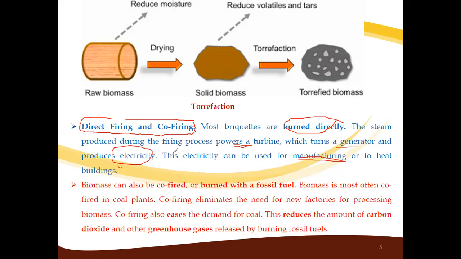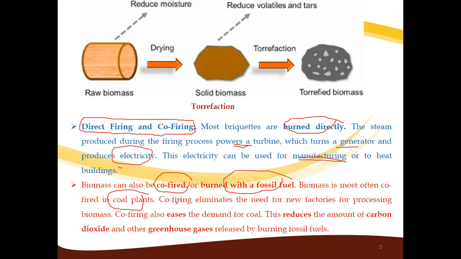Then the second method is co-firing. So biomass can also be co-fired, or burned with some fossil fuels. Co-firing means we can burn this torrefied biomass with other types of fossil fuels. Biomass is most often co-fired with coal plants, that is in thermal power plants or steam power plants.